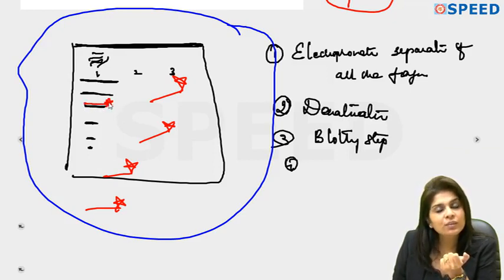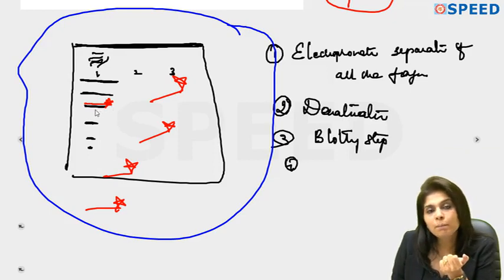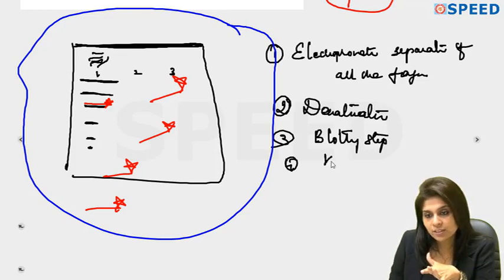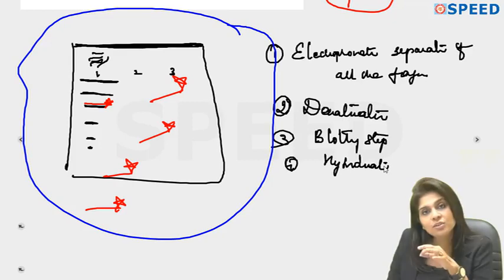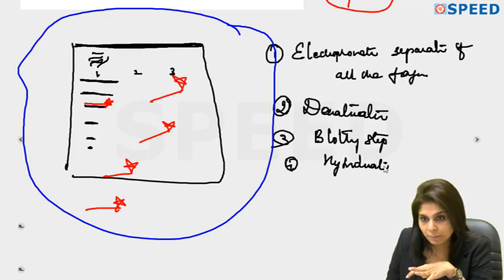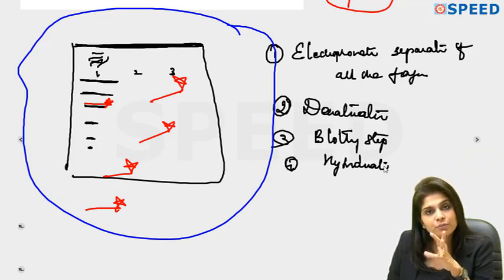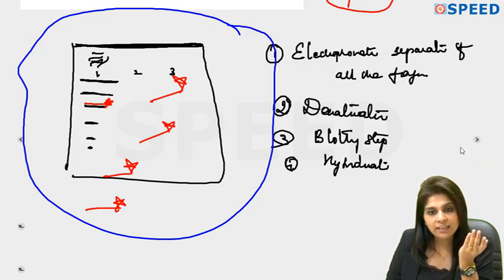Suppose they have found their complementary sequence on the third band, they go and hybridize here. So what is this step called? This step is called the hybridization step. Why do you call it the hybridization step? Because in this step, the probe hybridizes with the gene of interest, and that's why the technique is called the hybridization technique.